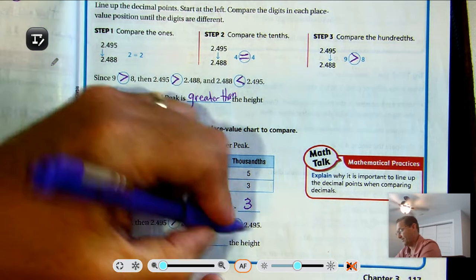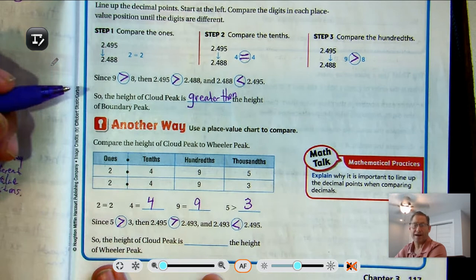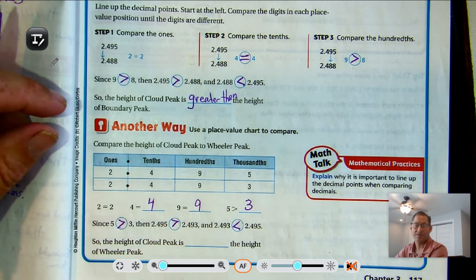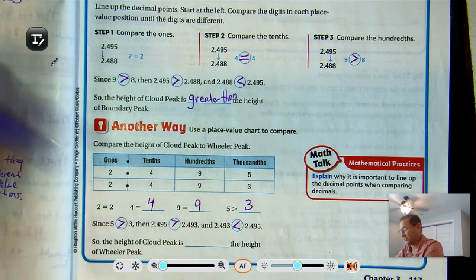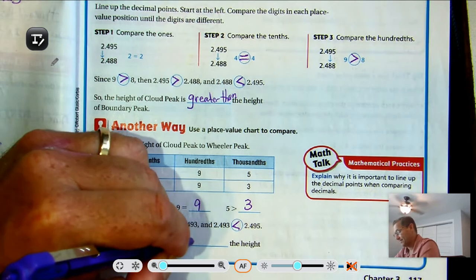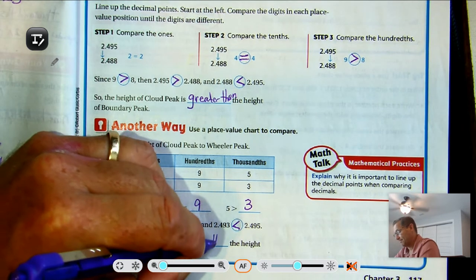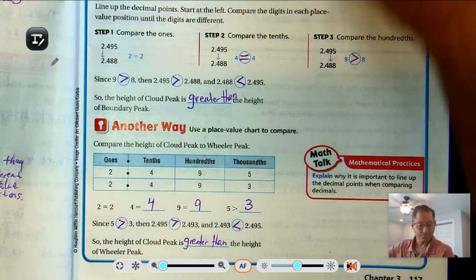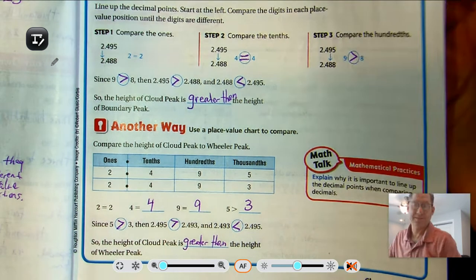Or the opposite, 2 and 493 thousandths is less than 2 and 495 thousandths. So the height of Cloud Peak is greater than the height of Wheeler Peak. Okay, so let's continue.